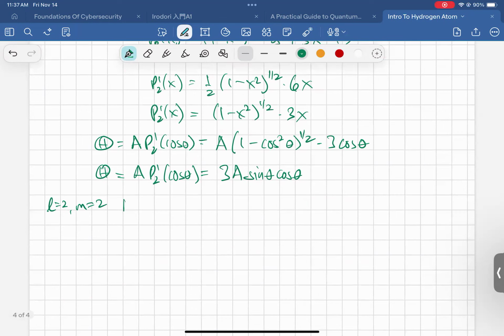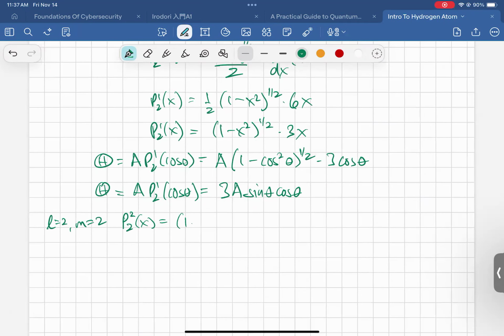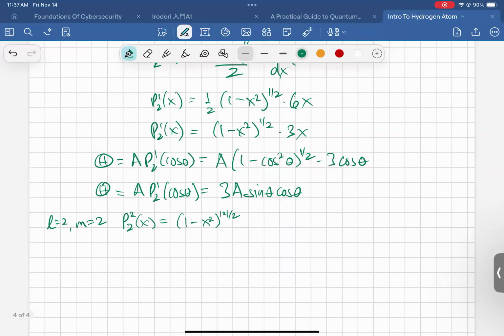So in this case, it's P22 of x equals 1 minus x squared, and then absolute value ng 2 divided by 2. And then ito naman ay second derivative ng 1 half, and then 3x squared minus 1.